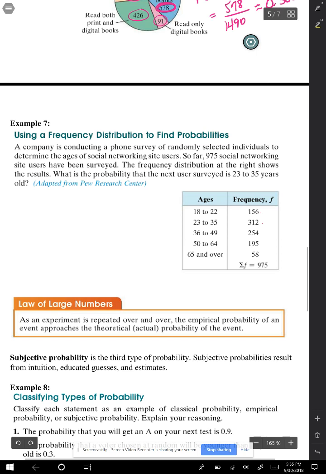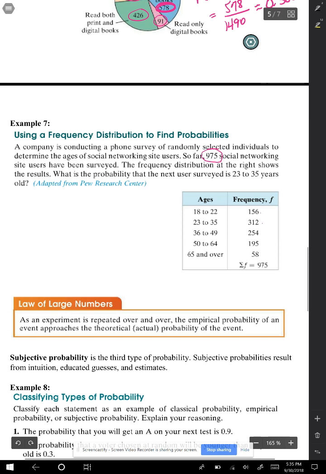So the problem here is saying that the company is conducting a phone survey of randomly selected individuals to determine the ages of social networking site users. So far, 975 social networking site users have been surveyed. The frequency is shown. What is the probability the next user surveyed is 23 to 35?